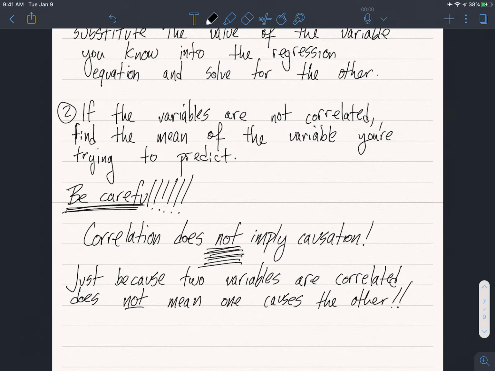Just because we can show that there's a mathematical relationship, there seems to be a relationship between these two variables, does not mean that this variable caused the other.